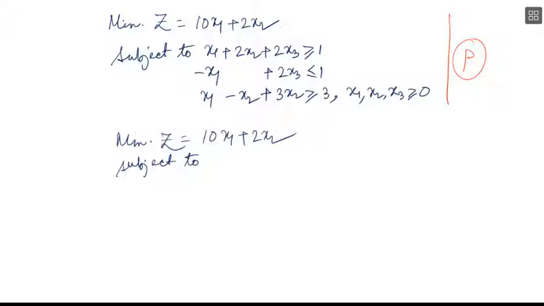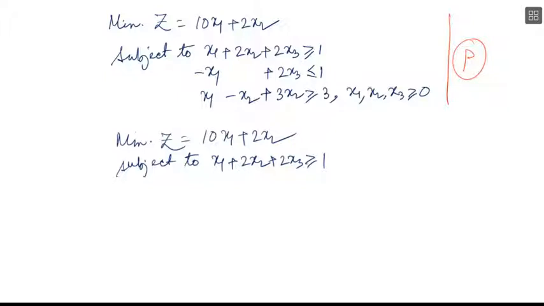We have no problem with the first constraint, it will remain as it is, x1 plus 2x2 plus 2x3 greater than equal to 1, and the second constraint is to be converted into a greater than equal to type inequality.